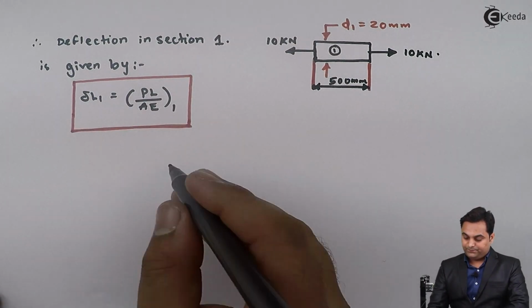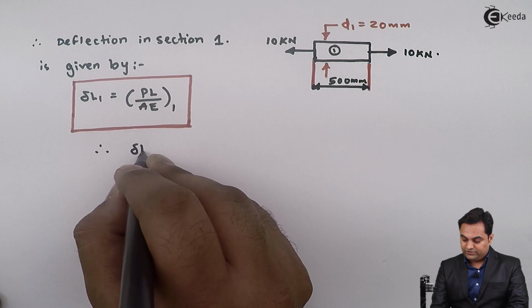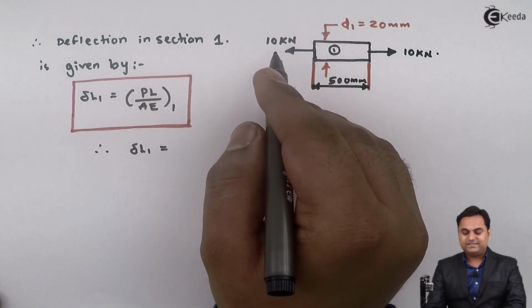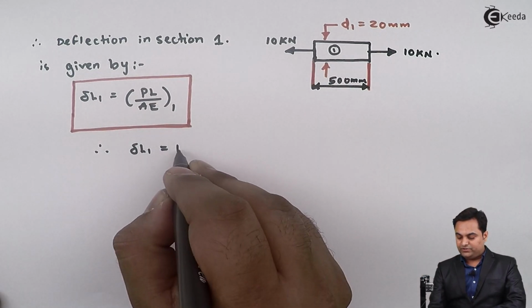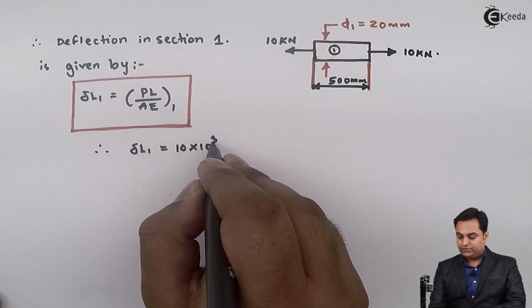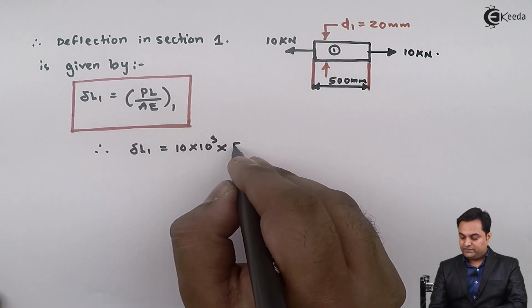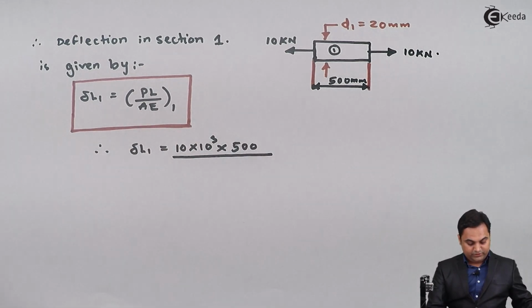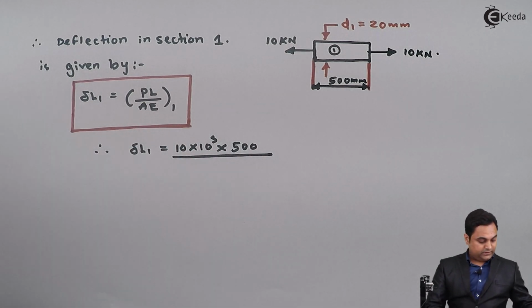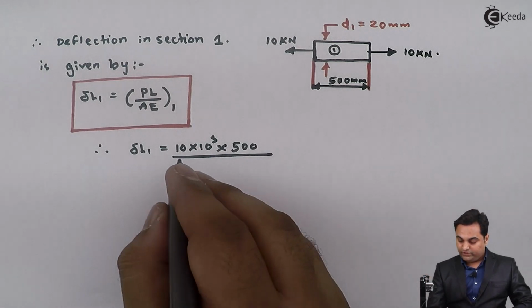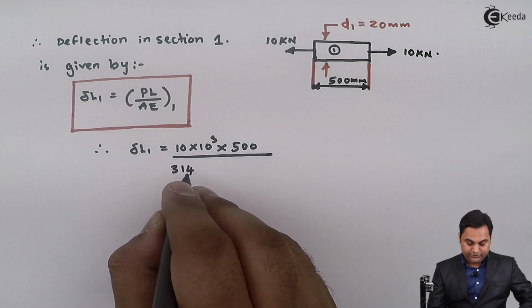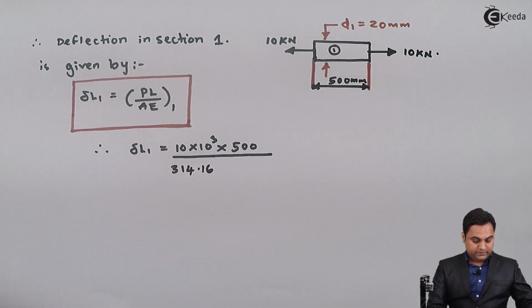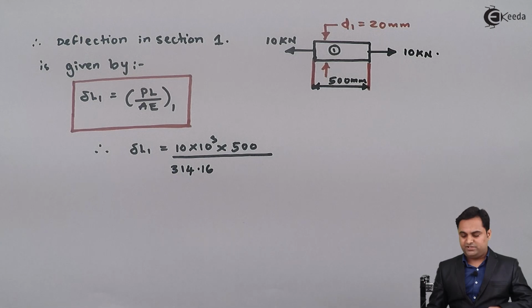So deflection in the first section is, P is tensile, so we have to take it as positive, 10 into 10 raised to 3. Length of the section is 500. Cross sectional area we have calculated for the first section, and that was 314.16. Next, capital E, the value was given in the problem as 210 GPa.